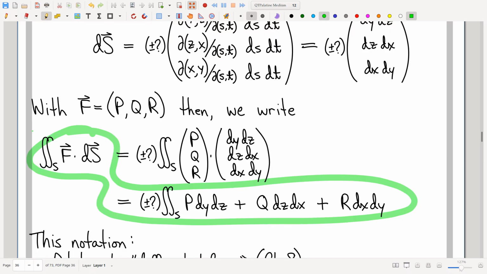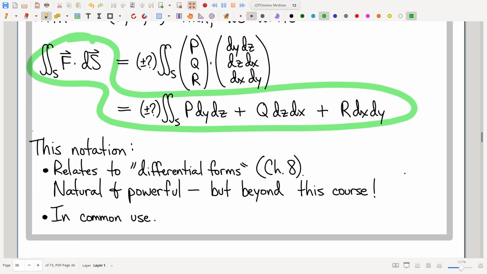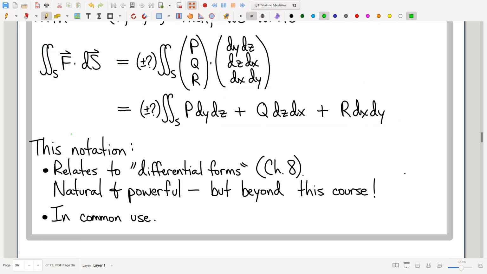Pretty analogous to what happened with vector line integrals. So we call these coordinate surface integrals. And again, it's bulky. And again, it's kind of unintuitive, right? As to why would I write this and why does this make sense? It doesn't leap off the page at you. And again, two things that you should know.